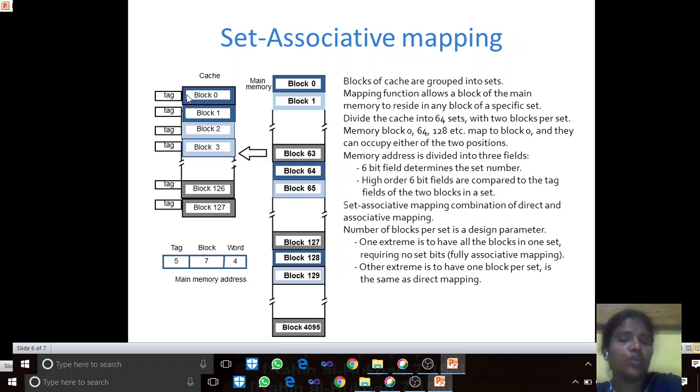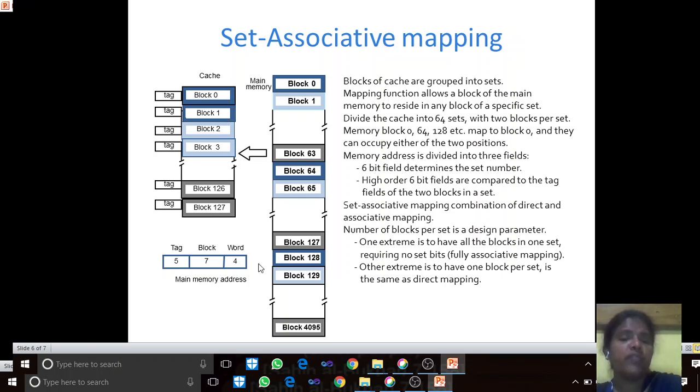One set contains 2 blocks, so 128 divided by 2 is 64. Now memory blocks 0, 64, 128, etc. are mapped to set 0 and they can occupy either of the 2 positions, block 0 or block 1, because it contains a set.